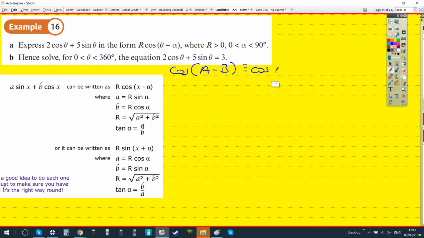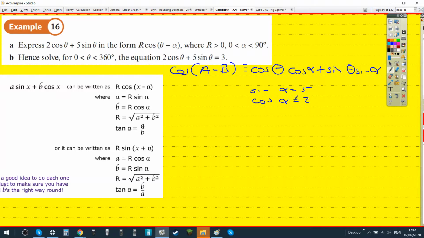And then we see what matches up. So 2 cos theta, so cos alpha will be equal to 2, and sine alpha will be equal to 5.